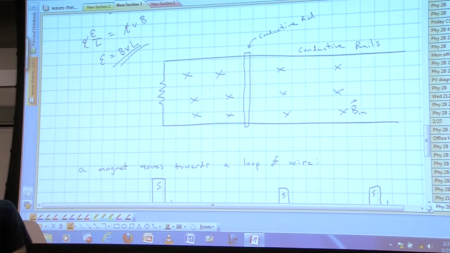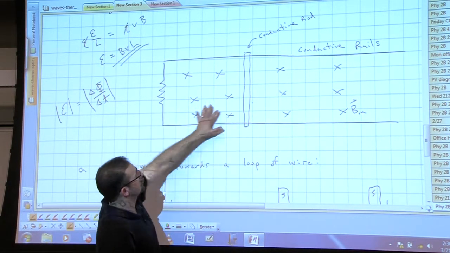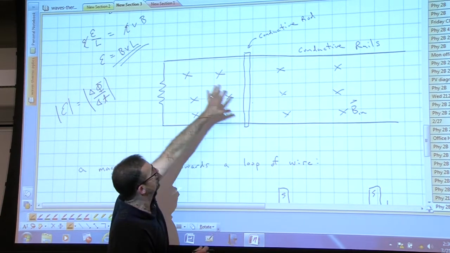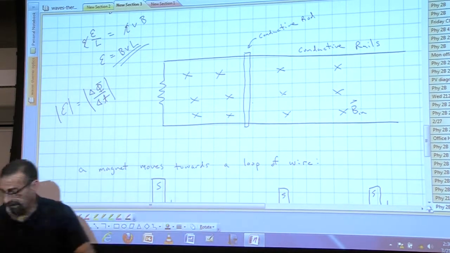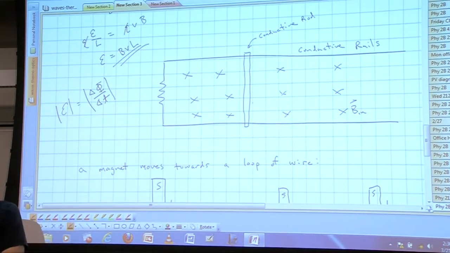We said the EMF generated, let's just use magnitudes for now, the magnitude of the EMF generated was the change in flux over a change in time, right? And we use that, and then we could replace this with just a resistor and a battery equal to that EMF, and we used Lenz's law to figure out what direction to put the battery. Remember that?